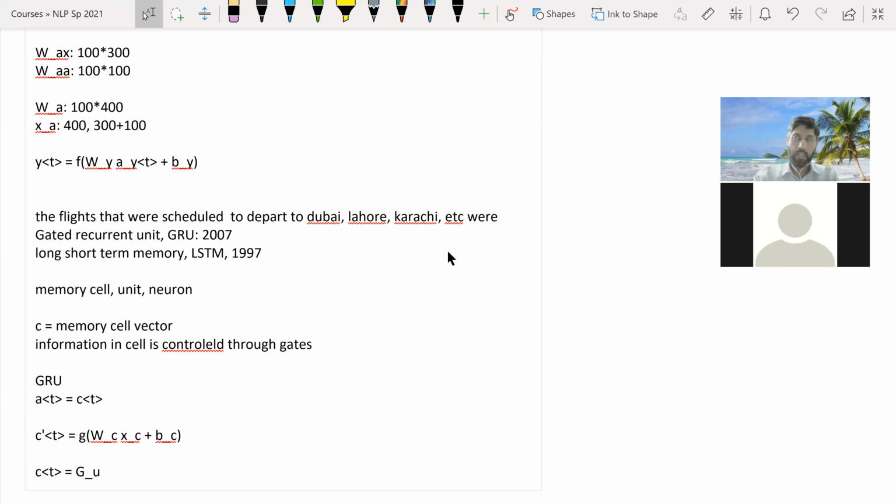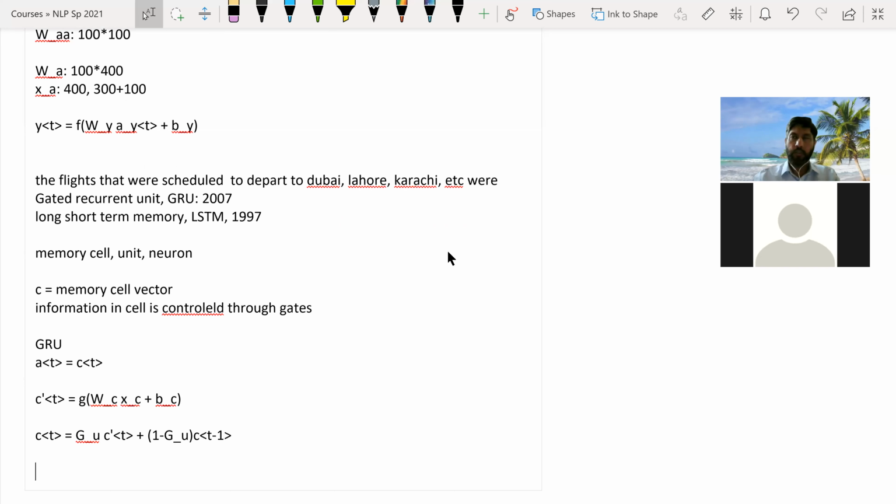So this update gate would multiply with the candidate that we have generated at this time step, plus 1 minus the update gate into the value of the memory cell or the output at the previous time step. So this is actually the main equation of the gated recurrent unit.